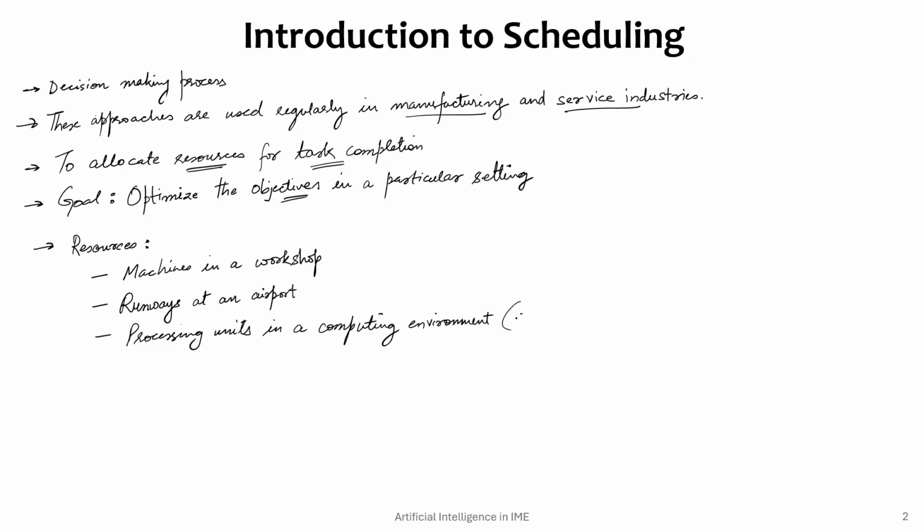So this is nothing but your CPU. Your CPU handles multiple tasks and needs to perform all of these tasks in a way so that the objective of the CPU gets optimized and all tasks get completed in a particular time frame, right? So even a small unit like the CPU has different kinds of schedulers, developed by different organizations, that perform these kinds of scheduling operations at the CPU level.